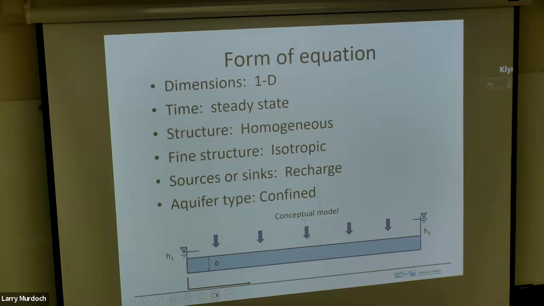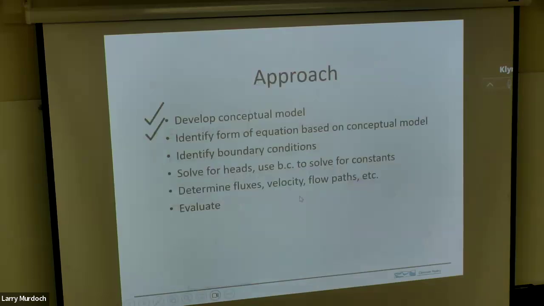There's recharge, and we're assuming here that it's confined. Okay, so those are the characteristics, and based on that, we have a governing equation that is this, and this was the same governing equation as we had last time, for these fairly simplified conditions.